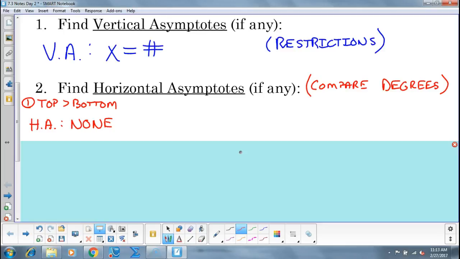Bottom can be bigger. If the bottom is bigger, and this is the case that you've been doing up to this point, your numerator degree has up to this point been 0.